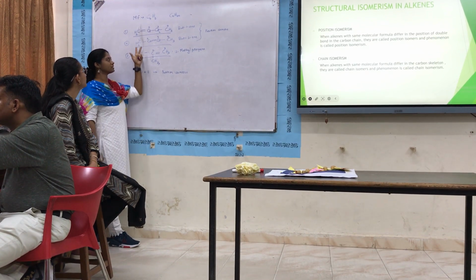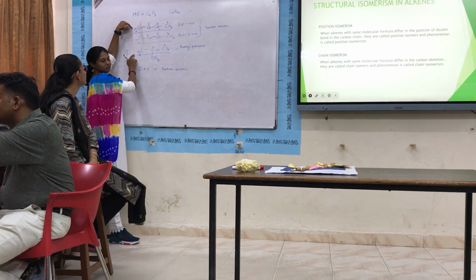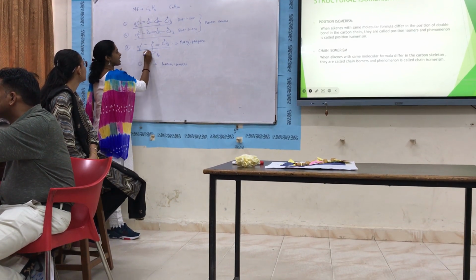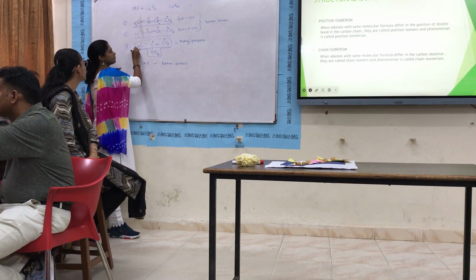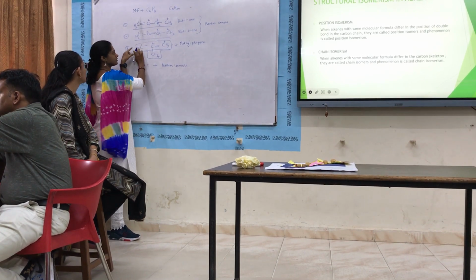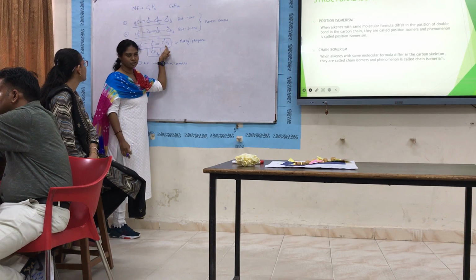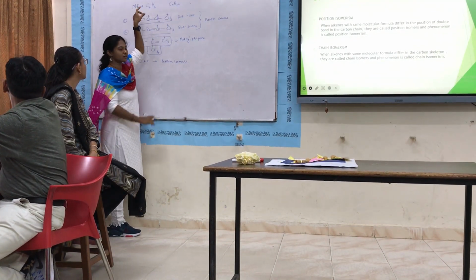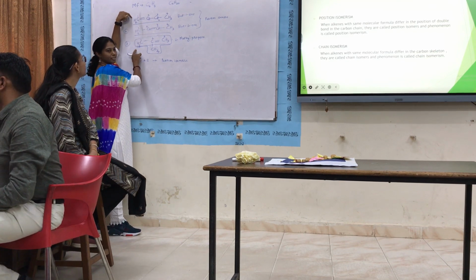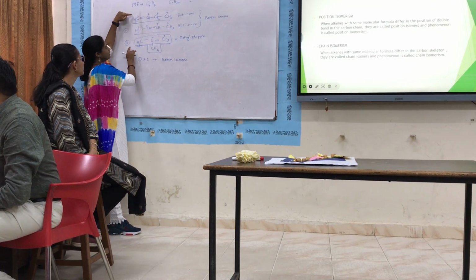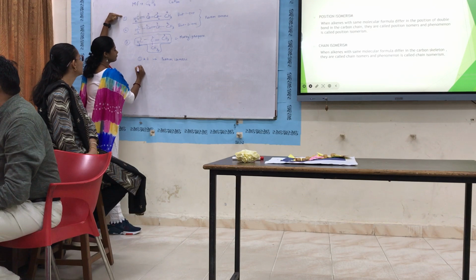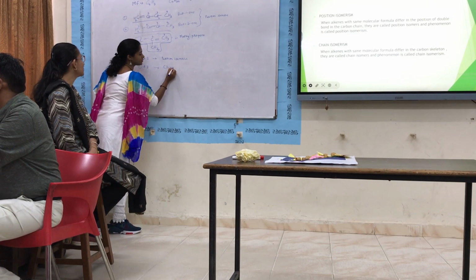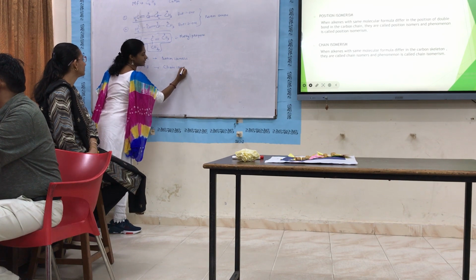So we can consider the first two as position isomers. But when we take the carbon skeleton, one contains a 3 carbon parent chain and 1 branch, whereas here we get a 4 carbon straight chain. So they both differ in the carbon skeleton. So compounds 1 and 3 come under chain isomers. They differ in the carbon skeleton.